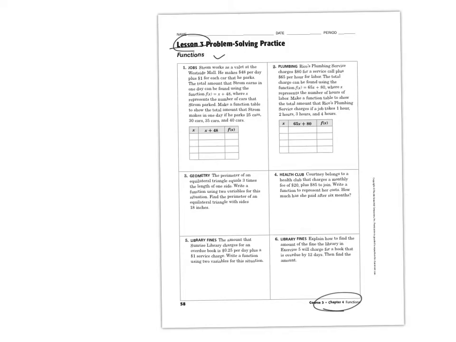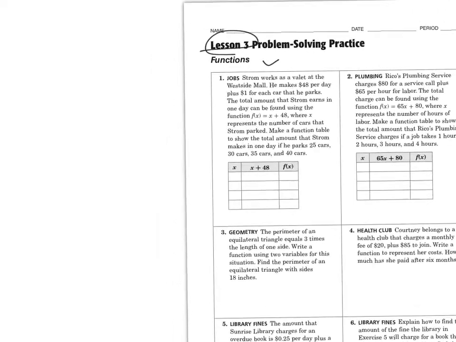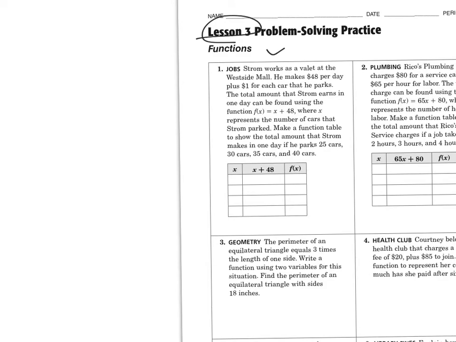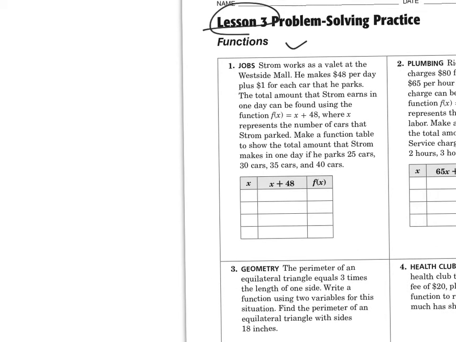So it's interesting here that he makes $48 per day, and the tendency is to really key in on the word per and say that his slope is going to be the $48.